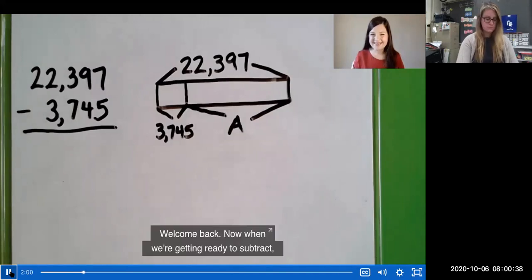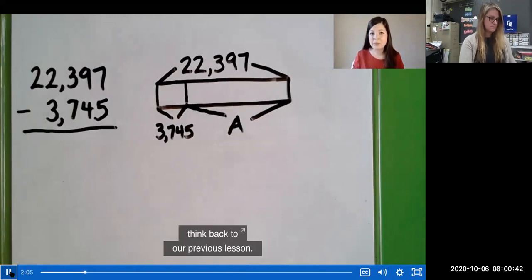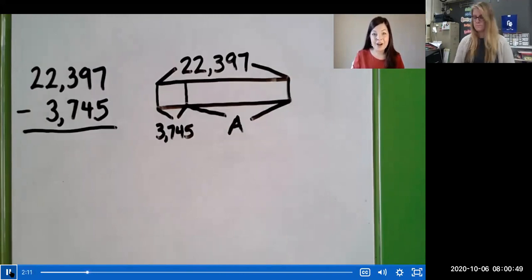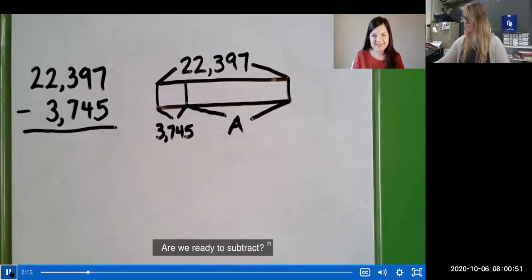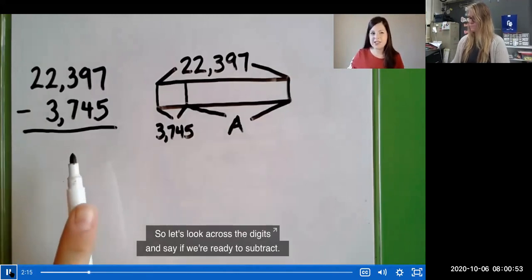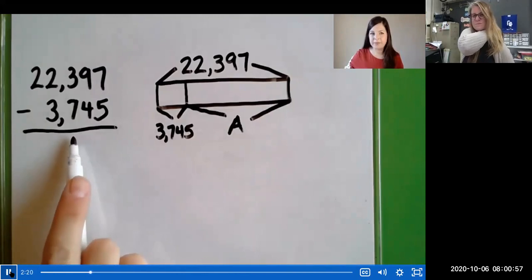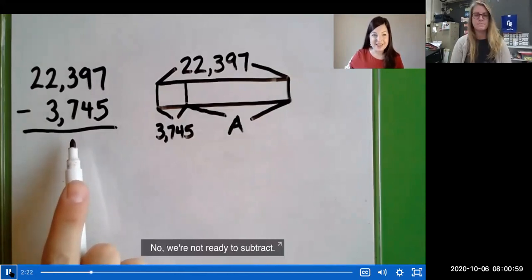Welcome back. Now, when we're getting ready to subtract, think back to our previous lesson. What do we ask ourselves first? Are we ready to subtract? So let's look across the digits and say if we're ready to subtract. No, we're not ready to subtract.